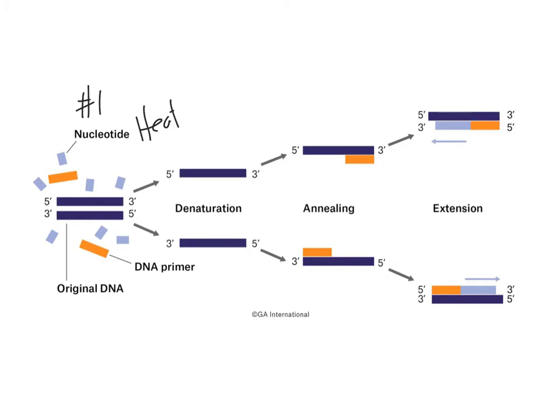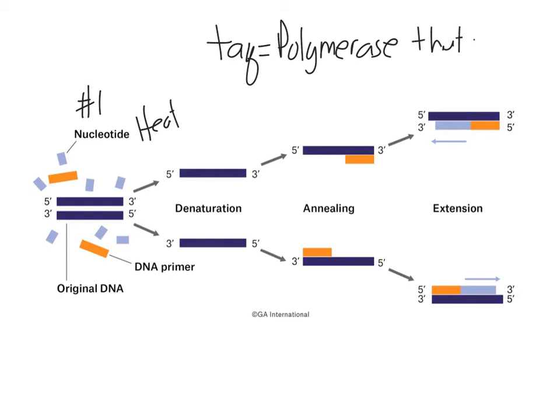Now, these primers, and also there's going to be what's called Taq polymerase, which is kind of like a DNA polymerase, but it's in a special organism. So Taq polymerase was a polymerase, like we talked about in replication, that was found in hot springs bacteria.